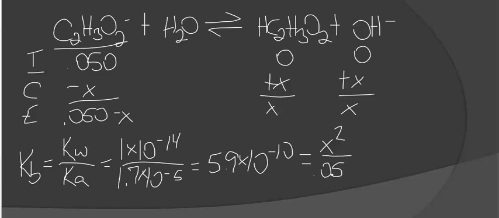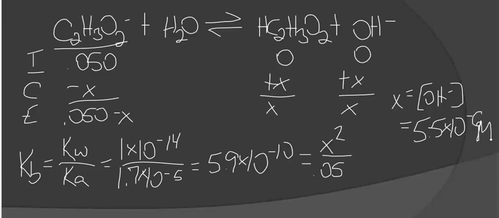X is the concentration of hydroxide, which comes out to 5.5 times 10 to the negative 6th molar. And then from there I can find the pH. pOH is negative log of 5.5 times 10 to the negative 6th, so pOH is 5.26.